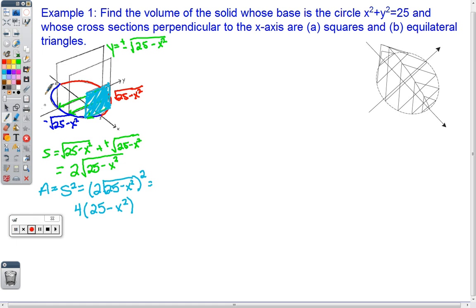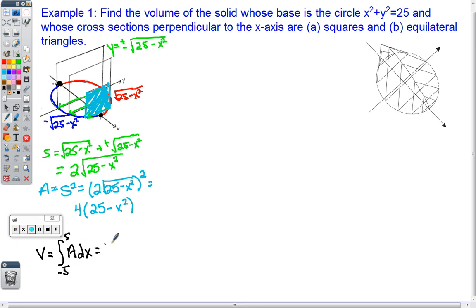So my circle goes from way over here at -5, if you can still see that, to 5. So our volume is going to be the integral from -5 to 5 of the area dx.